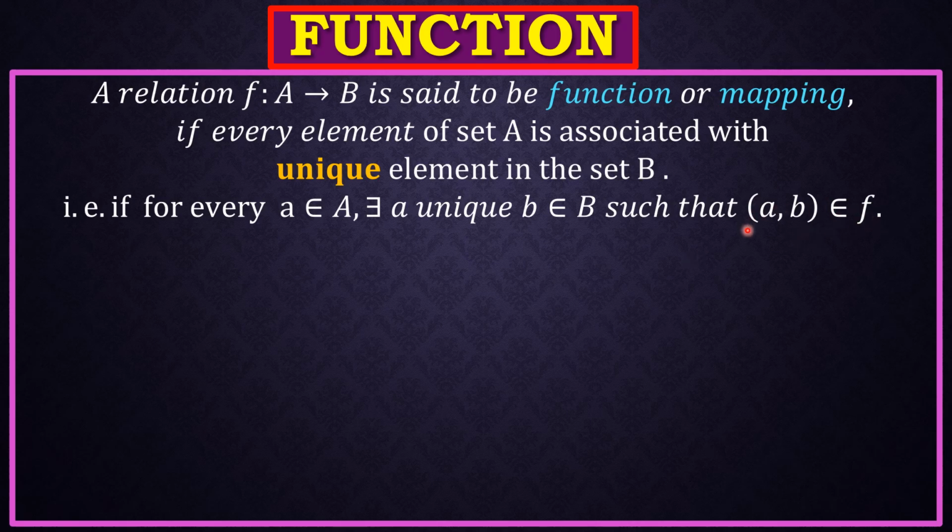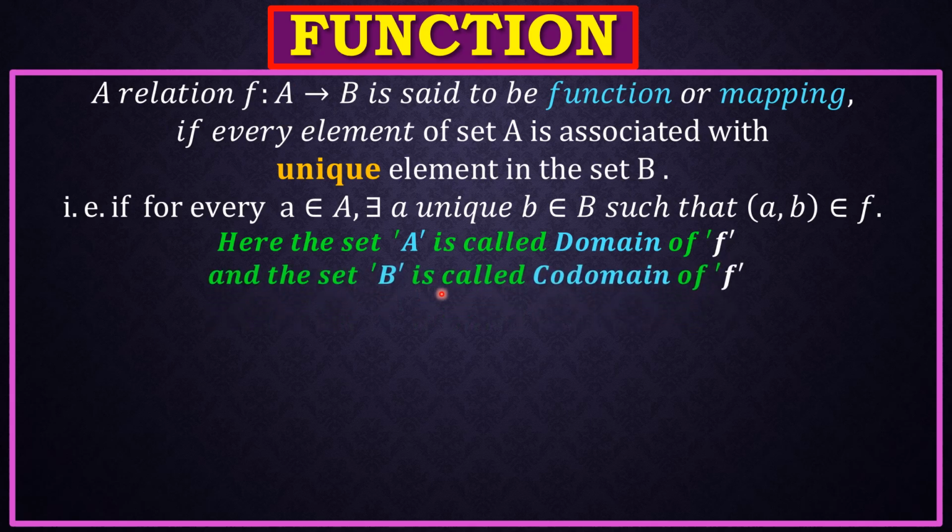So this type of relation is called a function or mapping. Here we observe in the function f, the set A is called the domain of f and the set B is called the codomain of f.